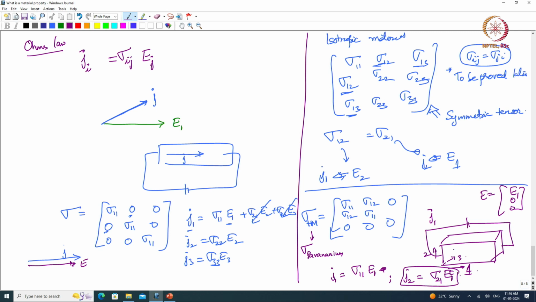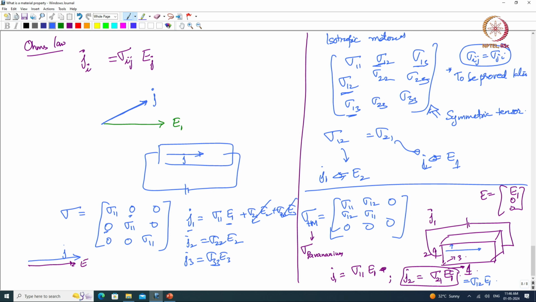So, I not only have a current that flows in my material, and sigma 2 1 is nothing but sigma 1 2, right. I not only have a current that is flowing in this direction, but I also have a current that is flowing in this direction. And if I do not complete the circuit, so current can't flow, these charges will accumulate and then they cause a voltage, right.